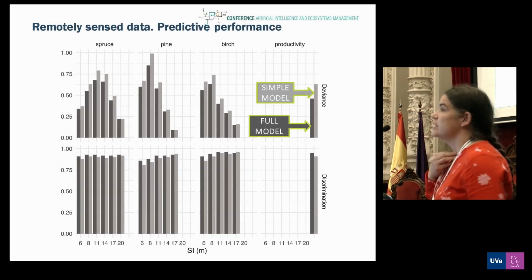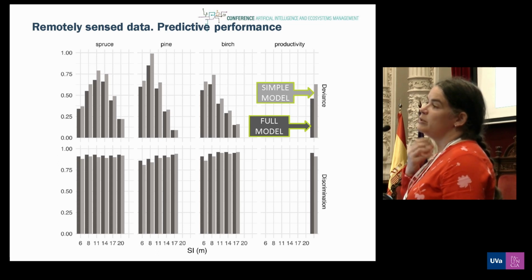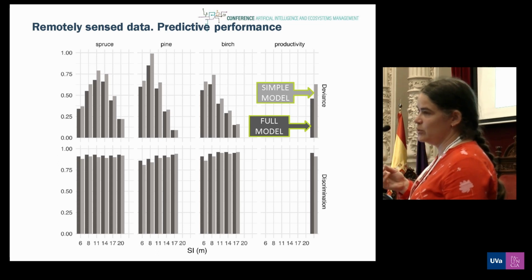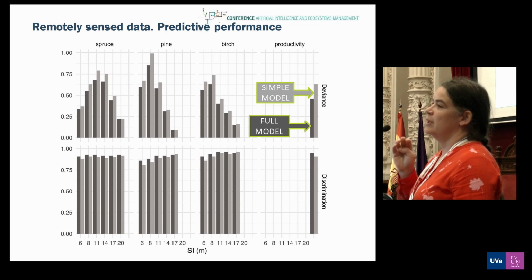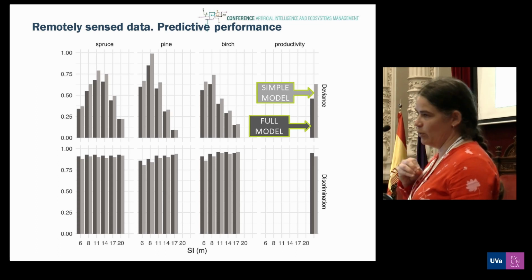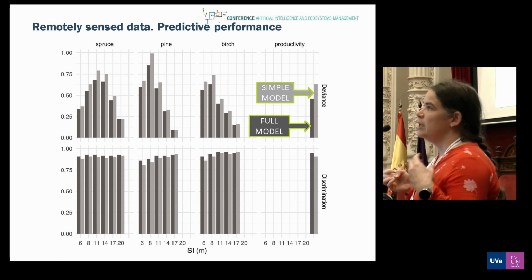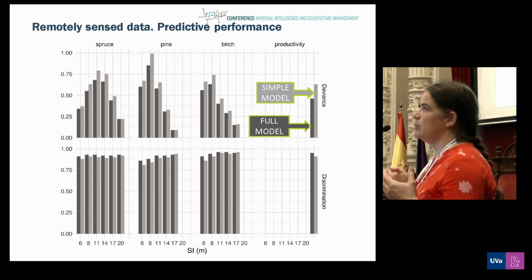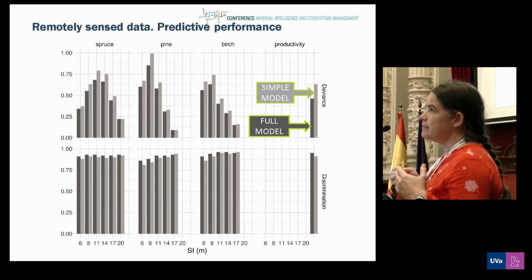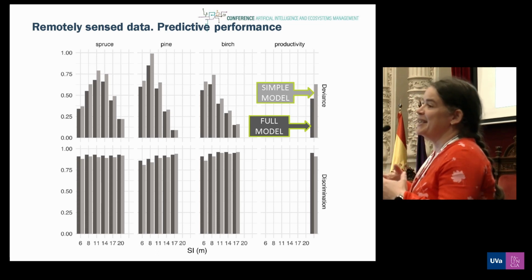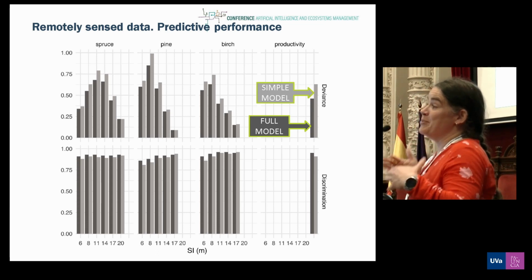So one of the questions was whether using remotely sensed data, right, the ALS variables or Sentinel-2, would produce bias or would improve our model at all. Because we are using current information. So our theory at the beginning was big trees only occur at high productivity places, right?